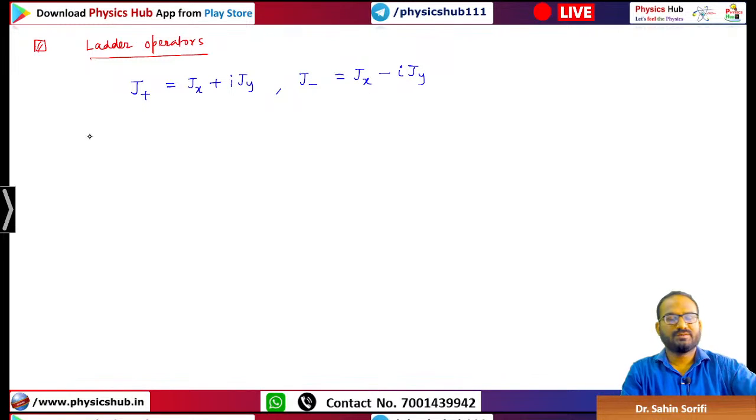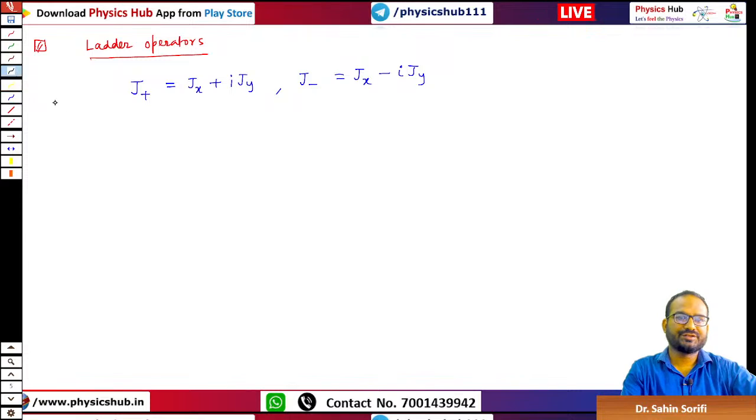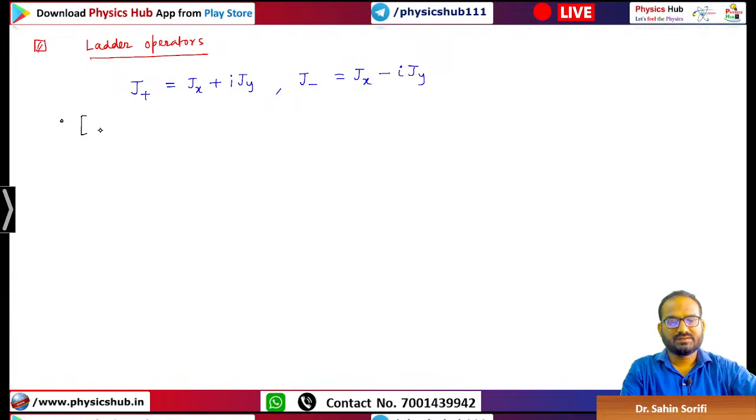Okay, so we can calculate different commutation relations out of this. Let's say if you take the commutator of Jz and J plus, you will get h cut J plus.